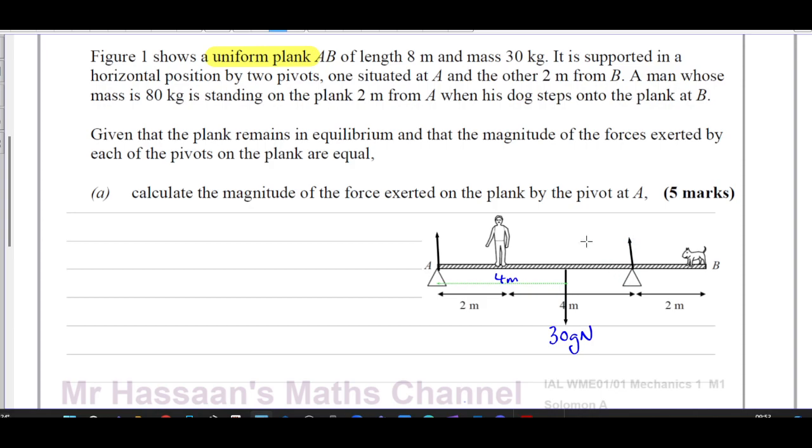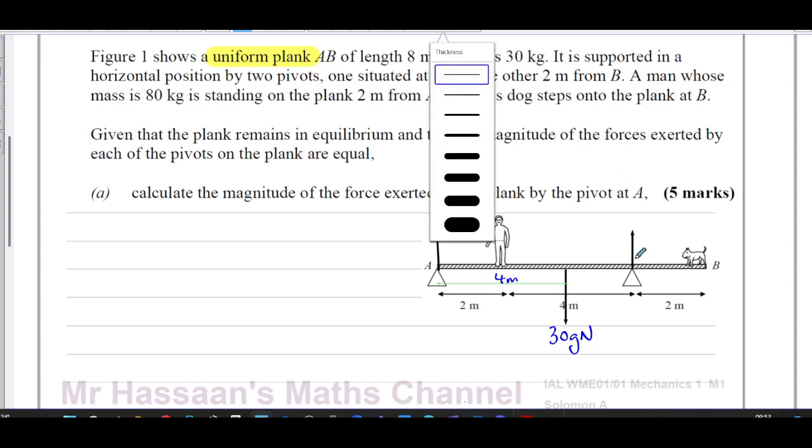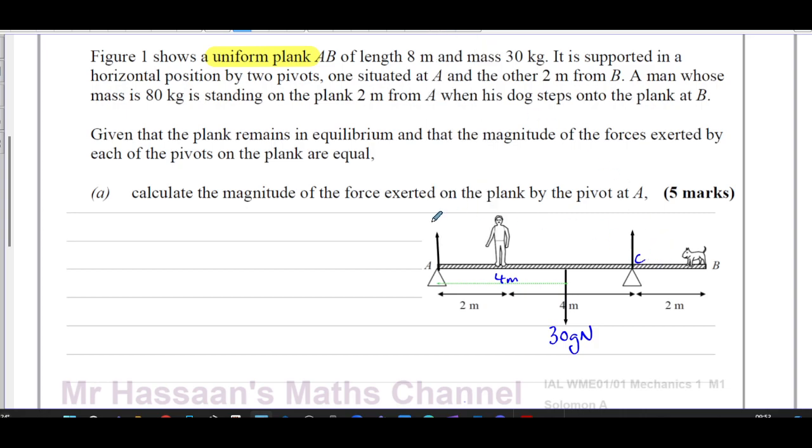So those 2 forces, the reaction force of the pivot at A and also at what we've called C, are both equal to each other. The reaction at A and the reaction at C are equal, as they told us, so they're both equal and we can just call them R.